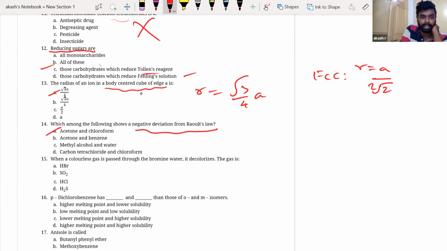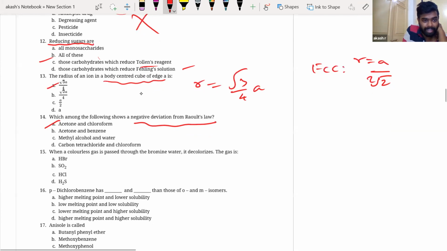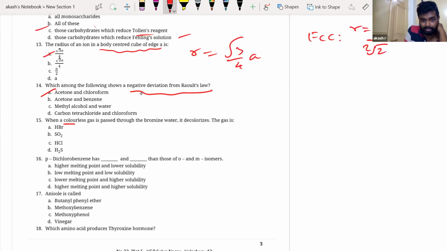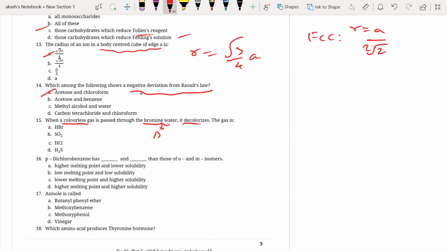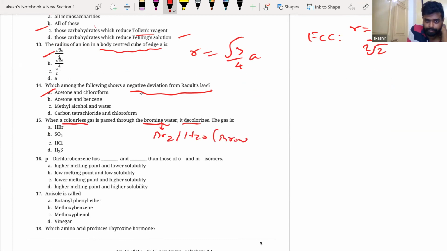Okay, fine. Next, when a colorless gas is passed through bromine water, it decolorizes. The gas is what? SO2, sir. First, what is bromine water? Bromine water is nothing but Br2 in the presence of H2O. This will be brown in color. Now this is becoming colorless. What can do that?